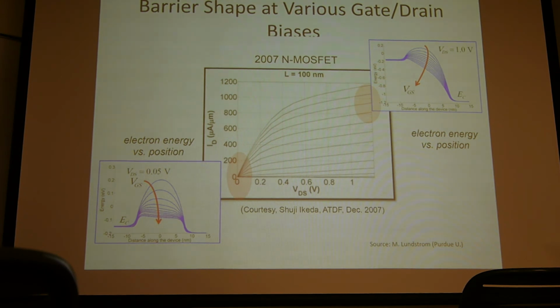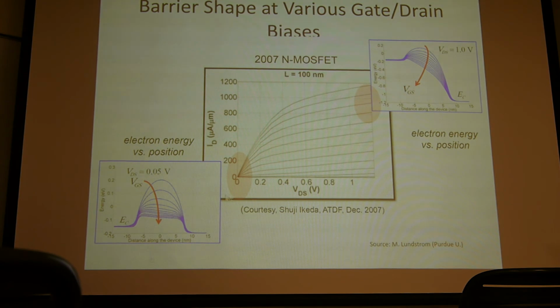If you scale your device down to 100 nanometer or even below, like today's tens of nanometer, then you will see this kind of ID-VD curve. It's similar as before, but you see that here it's not saturated anymore. Still with the drain voltage increase, you will increase the drain current a little bit.